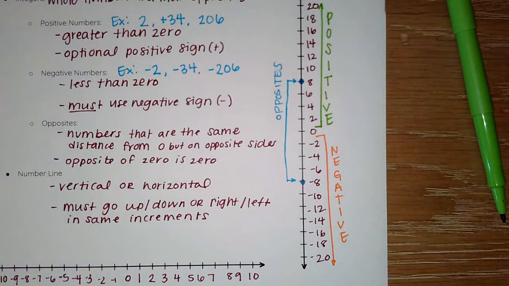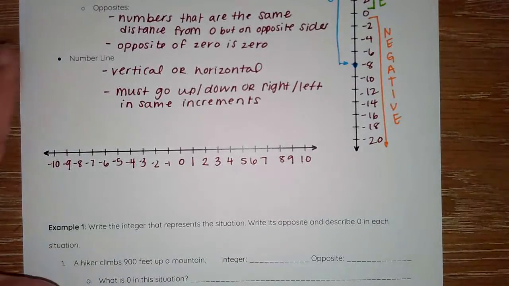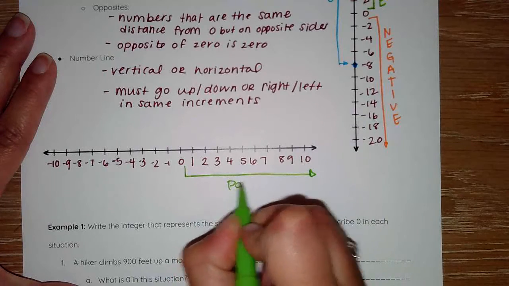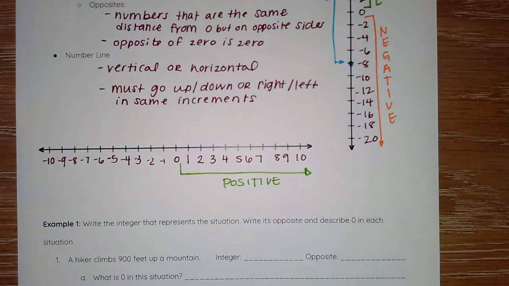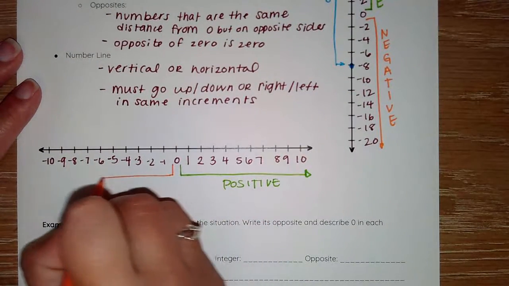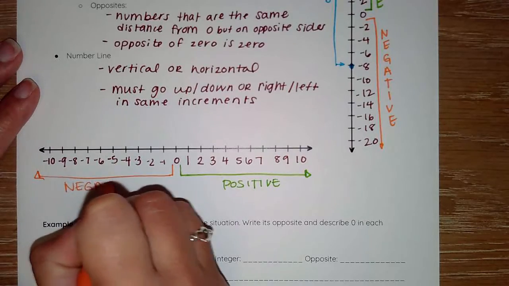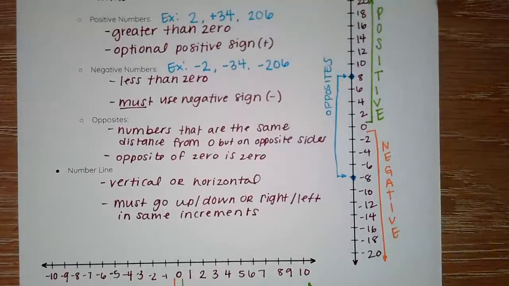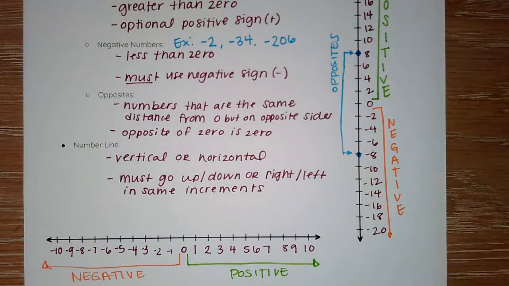So positives up, negatives down. However, on the horizontal number line, everything to the right is positive, and everything to the left of 0 is negative. So positive is to the right or up, whereas negative is down or to the left.